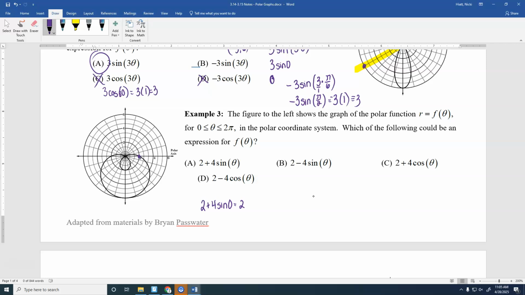If I plug in here, sine of 0 is 0, I'll get the point 0, 2 for B as well, so that's a possibility. Now for cosine, if I do 2 plus 4 cosine of 0, cosine of 0 is 1. So it's 2 plus 4 times 1, which will give me 6. So I've got the point 0, 6. Is that on my graph? 0, 6 is not on your graph, so it's not that.